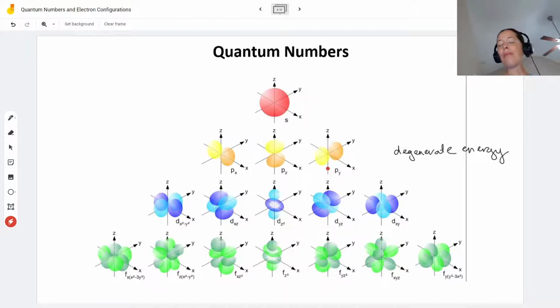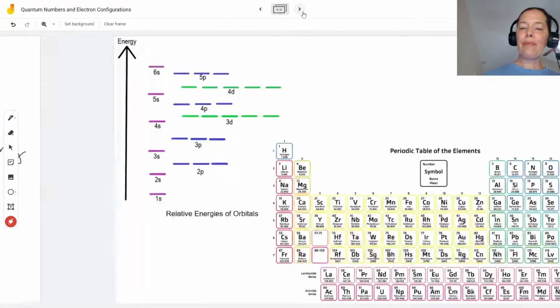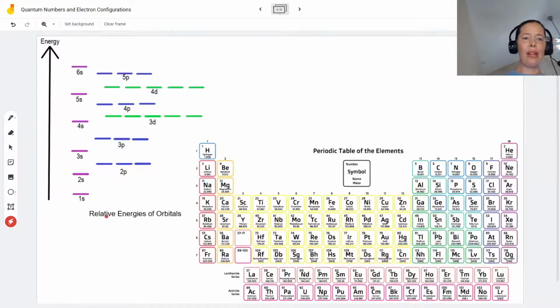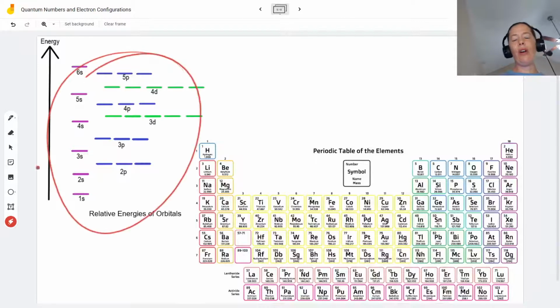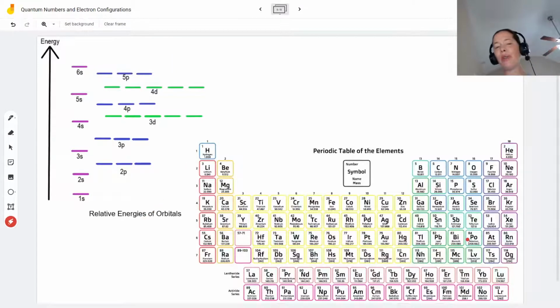So let me show you what that energy looks like. All right, so I'm going to start here with what is called an energy orbital diagram, or energies of orbitals. There are a couple different names for this kind of diagram, but it gives the different energies of all of the different orbitals. So you can see I started here with the lowest energy orbital, which is the 1s orbital.